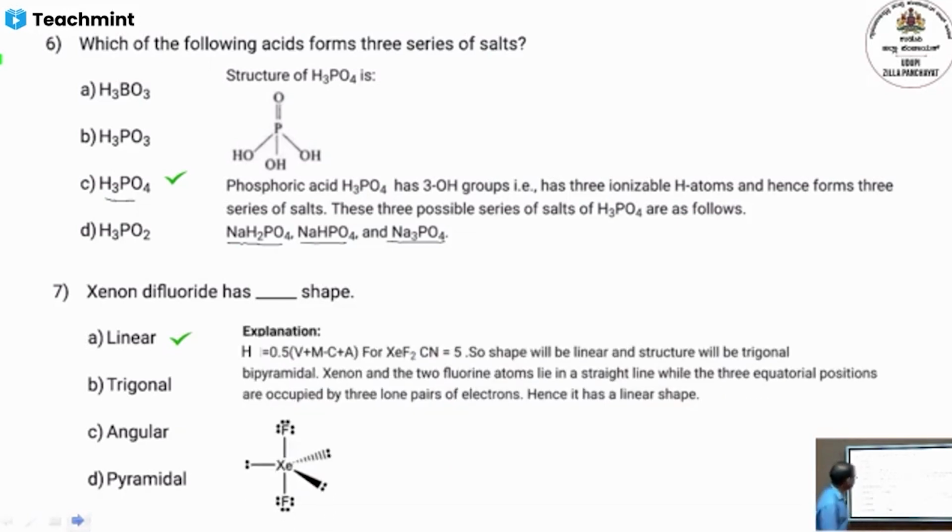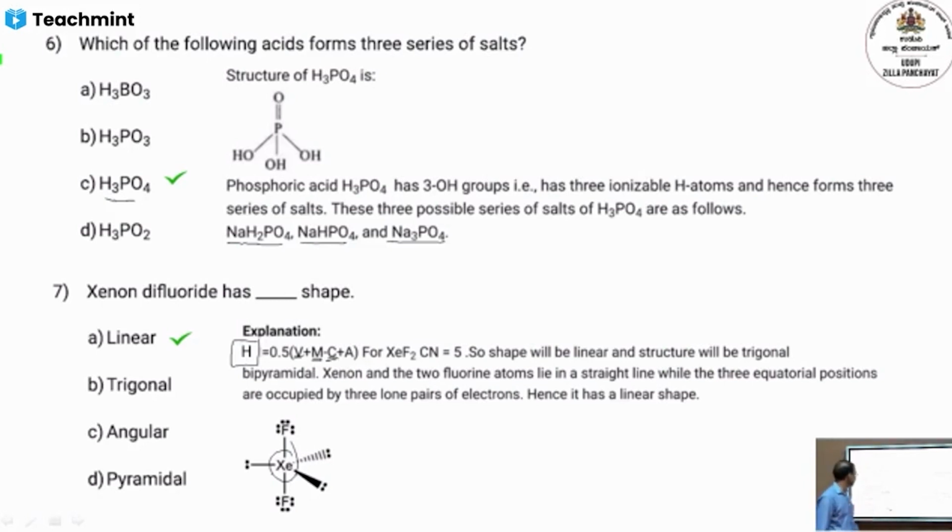The hybridization of a molecule can be calculated with a formula: 0.5 into V plus M minus C plus A. V is the number of valence electrons, the outermost electrons, on the central atom, M is the number of monovalent atoms bonded, C is the cations present, and A is the anions present.